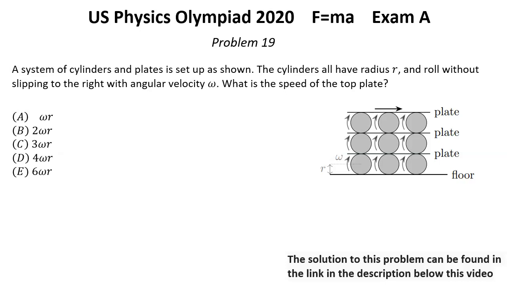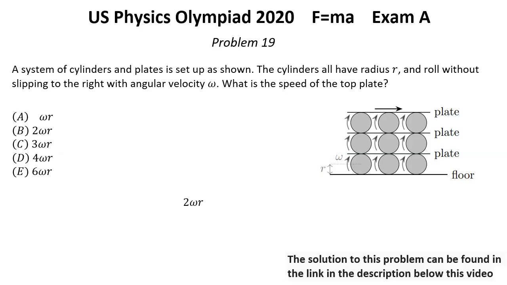Instantaneously, each cylinder can be thought of as rotating about its point of contact with the ground or plate below. The rotating angular velocity is omega. This means that relative to the bottom of the cylinder, the top is moving at speed 2 omega r.